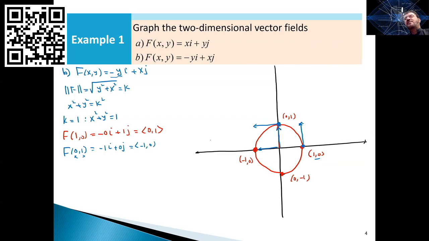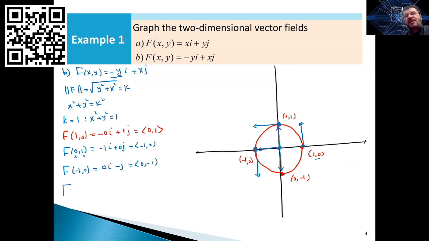So this is the second vector. f of (-1, 0). What is this? x is -1, y is 0, so this is 0i minus 1j. So it's (0, -1). Where is (0, -1)? We know this is the vector (0, -1), but I don't want it to start from the origin. I want it to start from here. So this is the third vector.